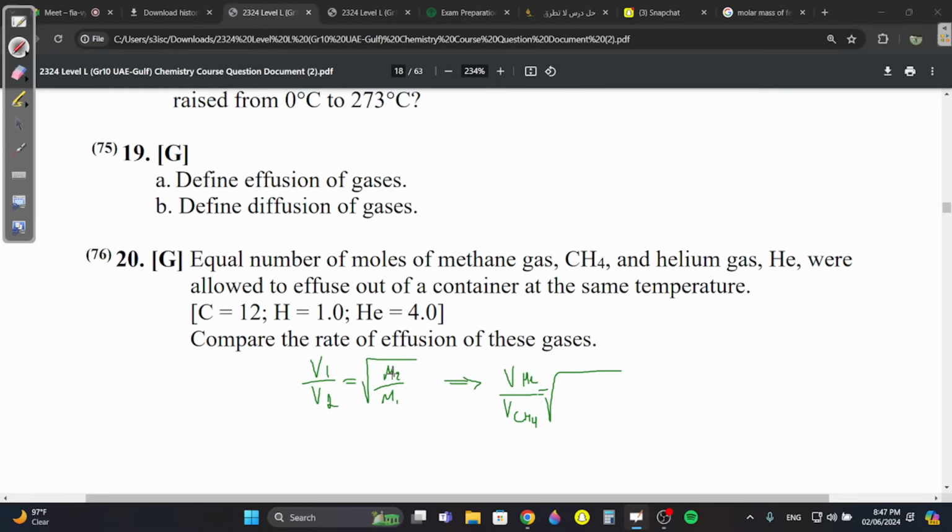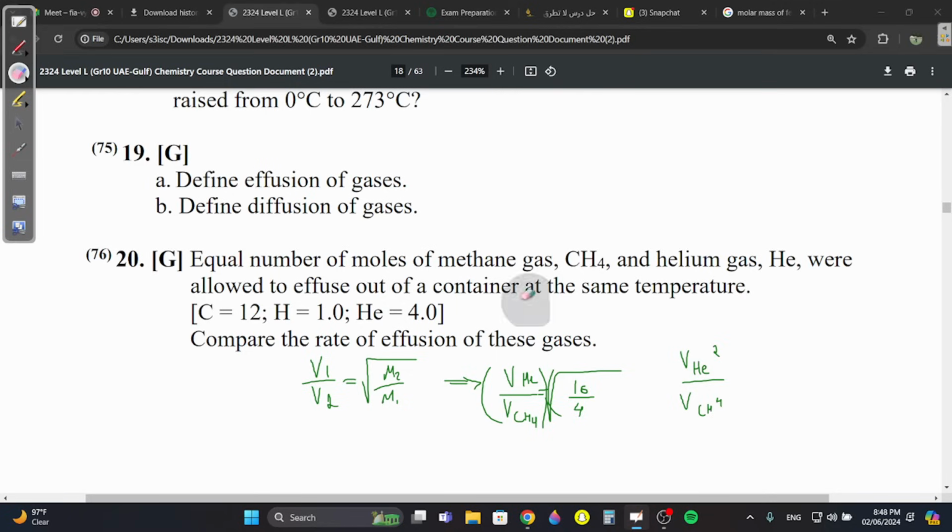Remember the masses are flipped, so I put the mass of the one at the bottom: CH4 is 16, and helium is 4. Here it's an easy number because radical 16 over 4 is 2, but sometimes they won't give you an easy number, so I advise you to square both sides, so you get velocity of helium squared over the velocity of CH4.